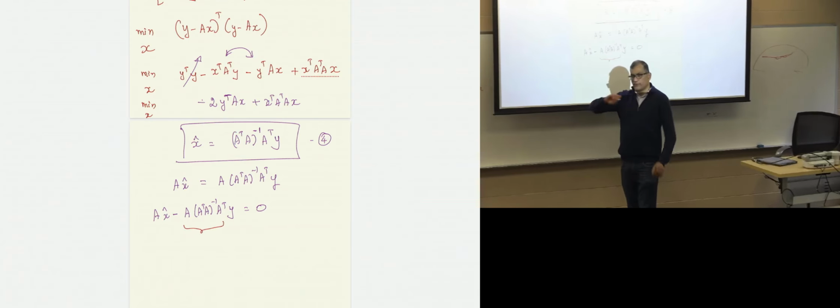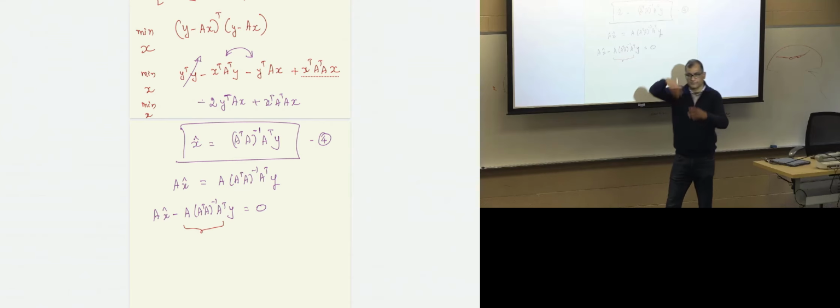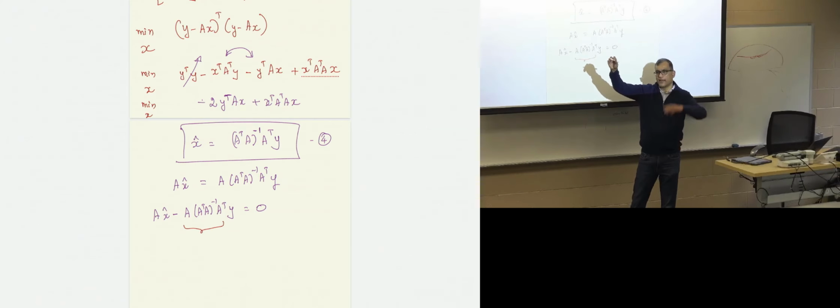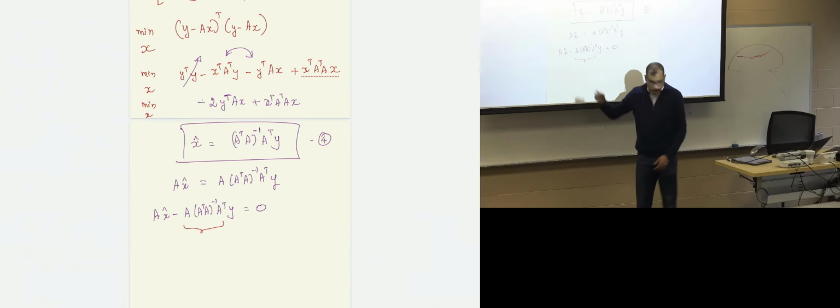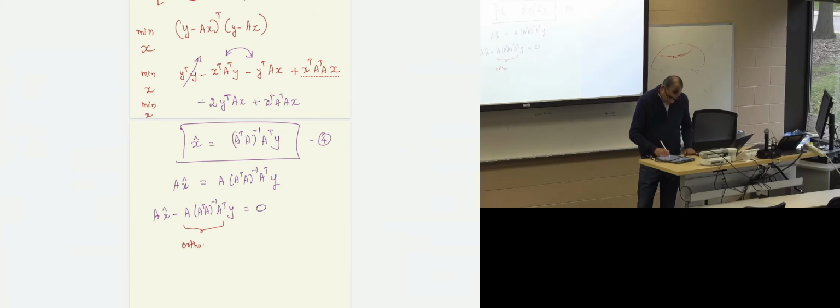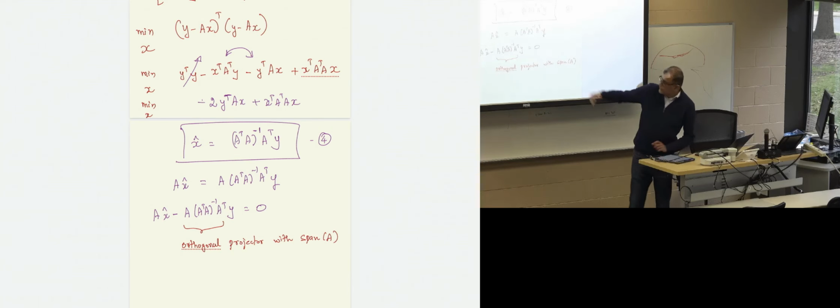So if you're in some space, say 3-dimensional space, and you have a point in that space, and then you have a matrix. Think of a matrix as representing a basis. So this is basically the orthogonal projector.